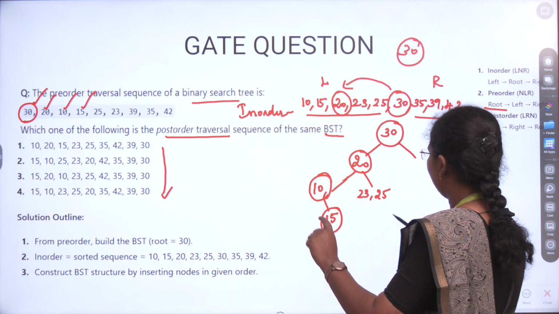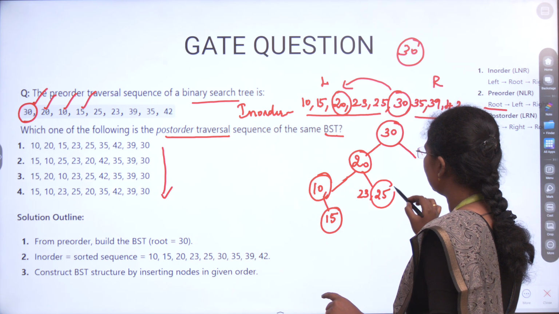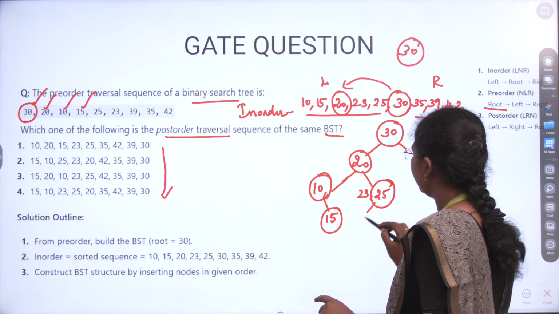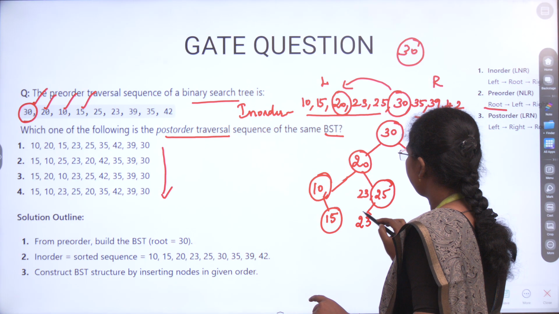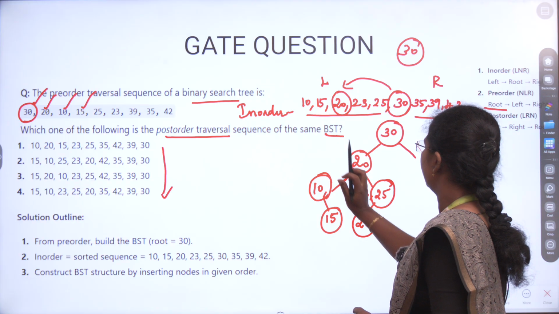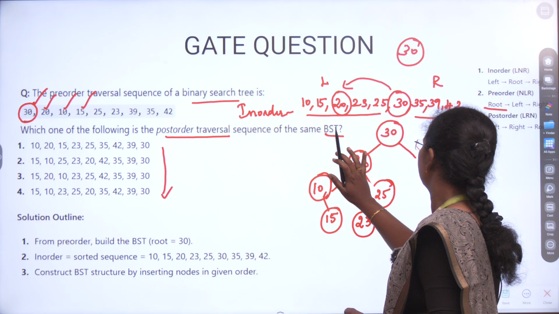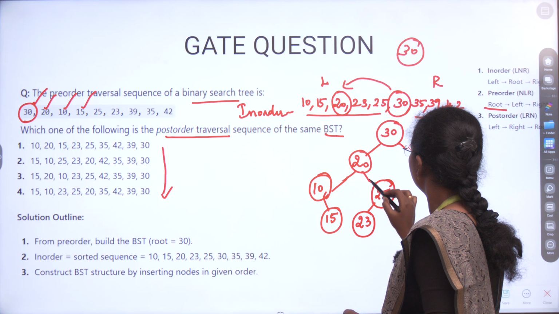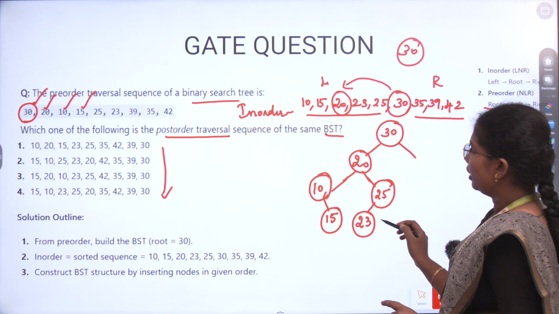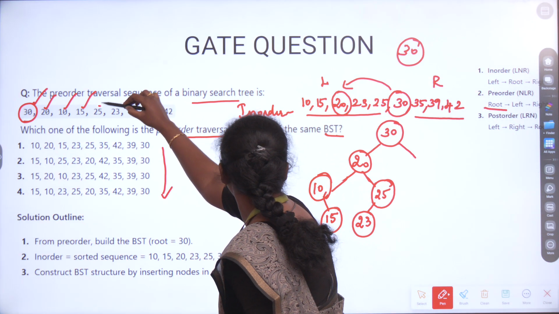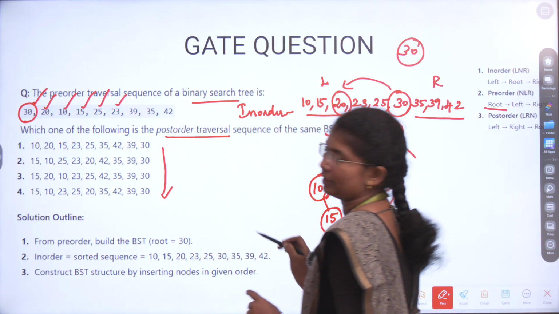After that 25. So here 25 will act as a root and 23 will be its left child. So 25 is also arranged, 23 is also arranged.